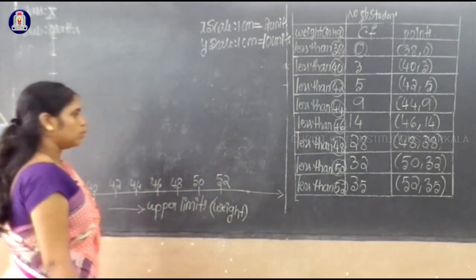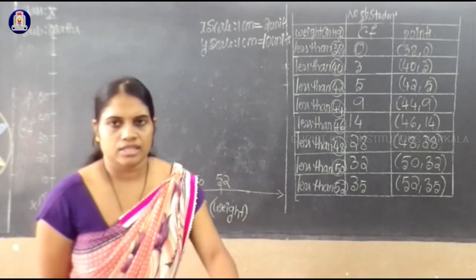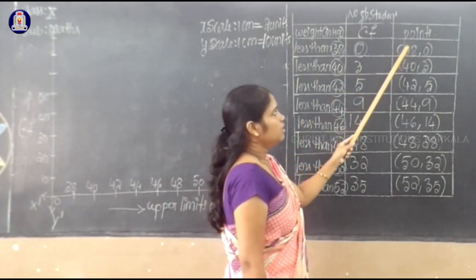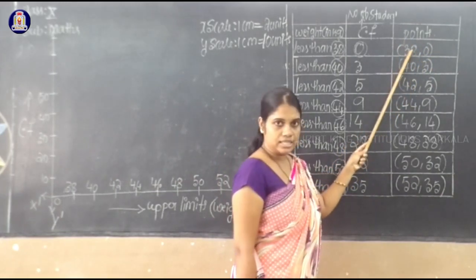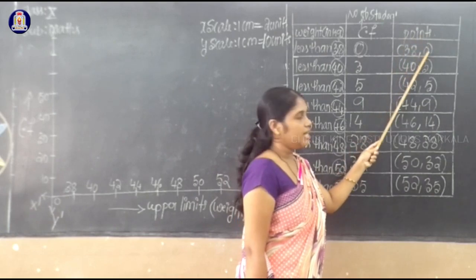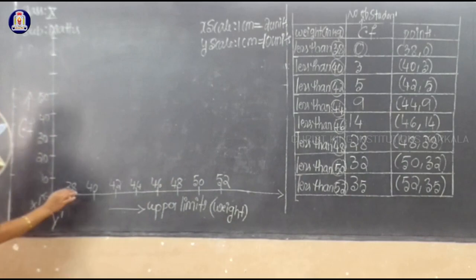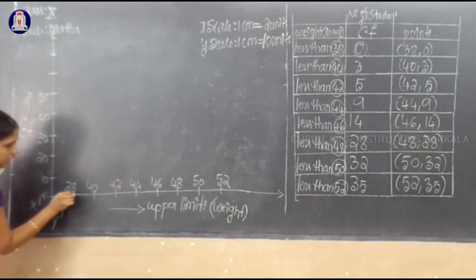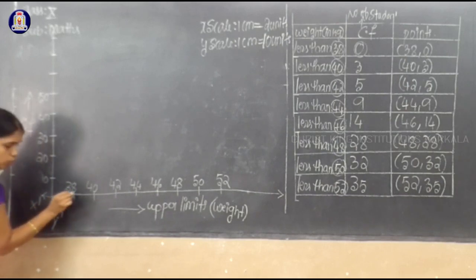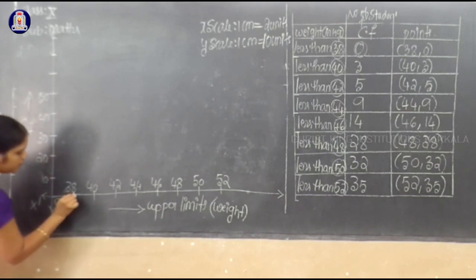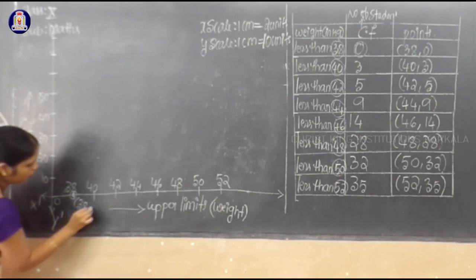Now I'll plot the points. What is your first point? 38, 0 means x coordinate is 38, y coordinate is 0. Along the x axis take 38. 0 means you don't need to move anywhere. So this itself is your point, 38, 0.